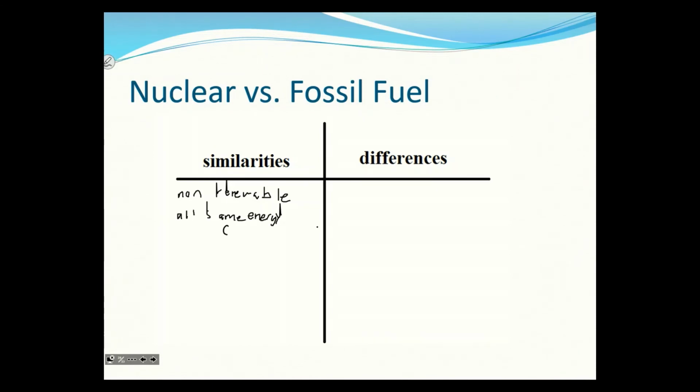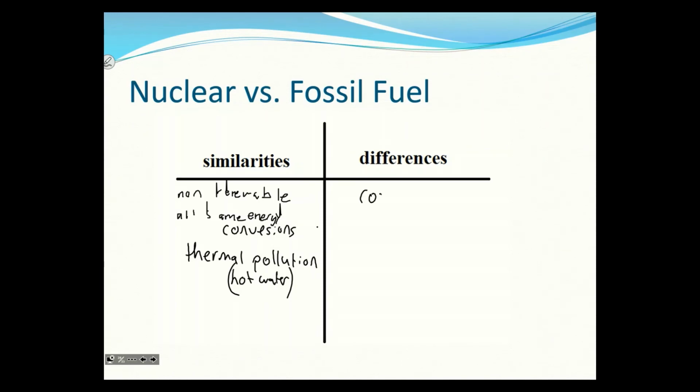So all same energy conversions. And they both create thermal pollution. And remember that thermal pollution is hot water. So if you send hot water back into a lake or a river, it lowers the amount of oxygen in that water, and it can choke out the fish in that water or plants living in that water. Okay, so that's the similarities.